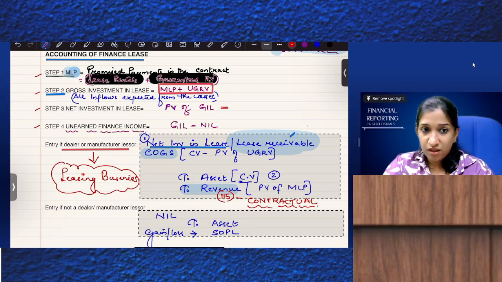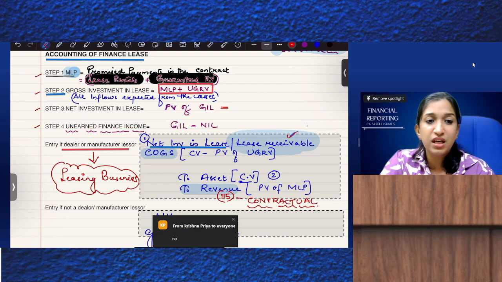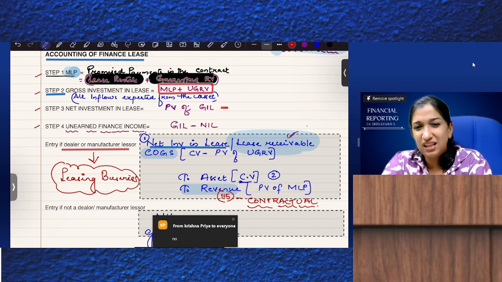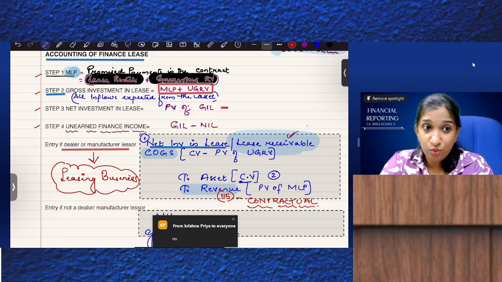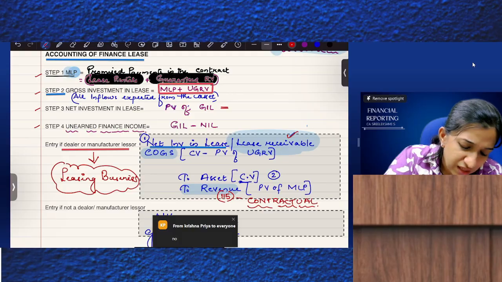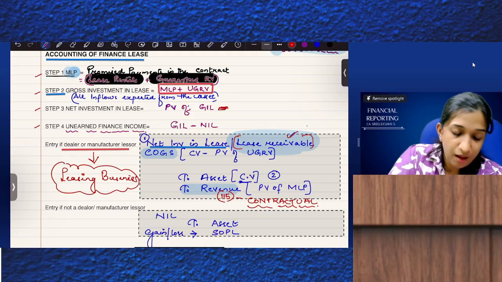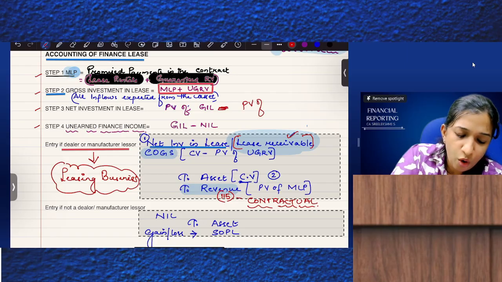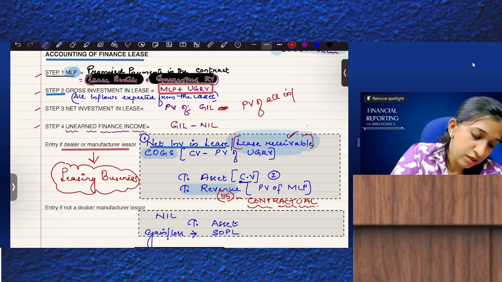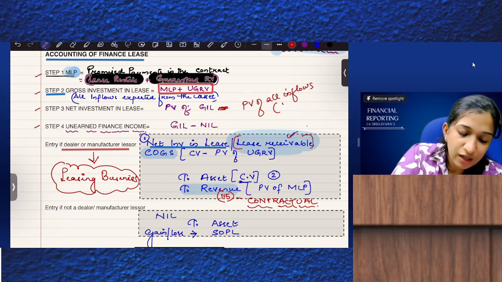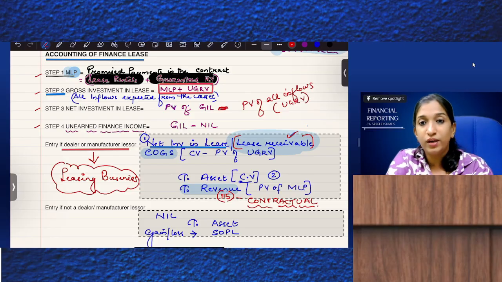Lease receivable includes UGRV. Come on, are you all listening? UGRV is also included in net investment. Present value of all inflows is net investment, where UGRV is also included.